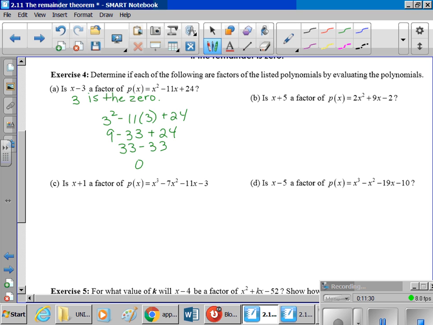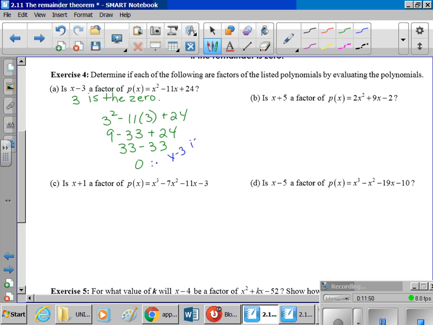So make sure you're answering the question, because the question doesn't say what's the remainder. The question says determine if each of the following are factors of the listed polynomials. So make sure you're taking a moment to say x minus 3, so you can say therefore. You can do these three little triangle dots.